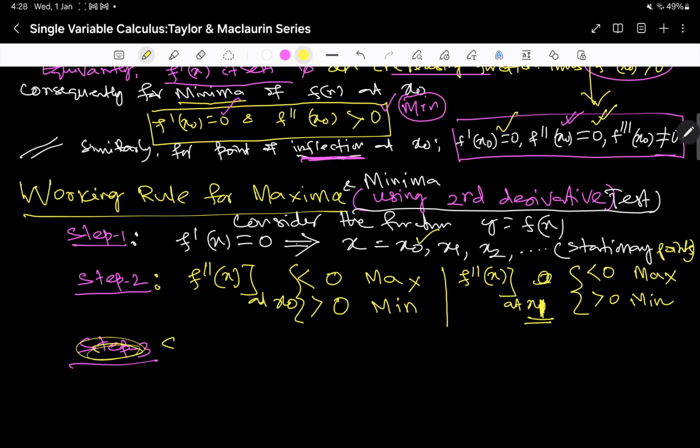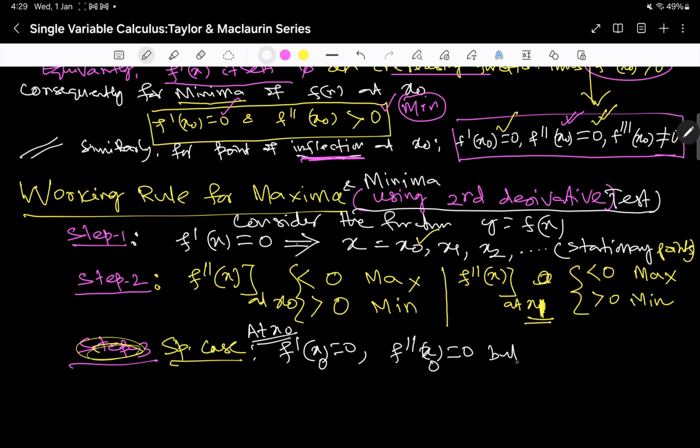I can say that in the special case, what we will see is f dash x is already 0 earlier, and we see here f double dash x at, say, x0, say f double dash x0 is 0, but f triple dash x at x0 is not equal to 0, then x0 is a point of inflection.